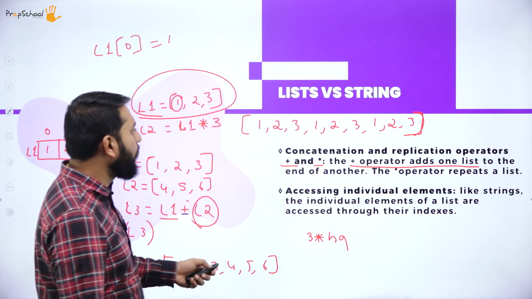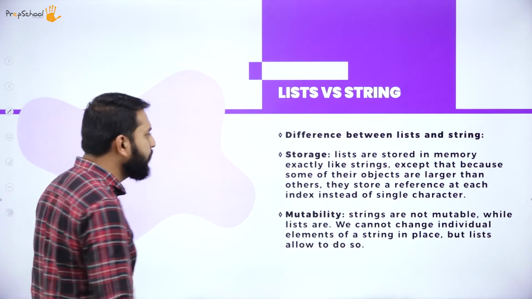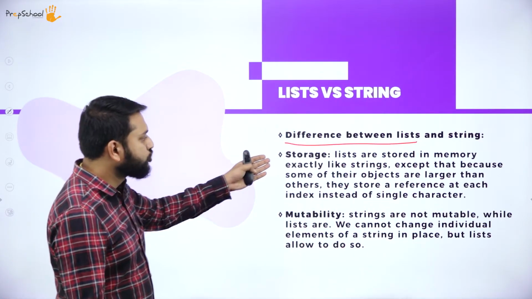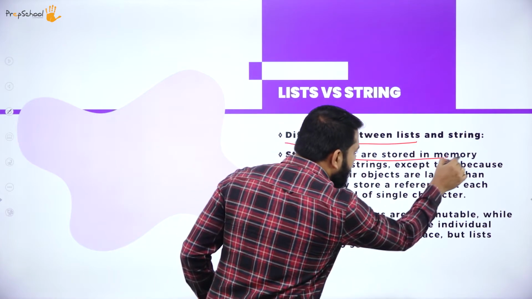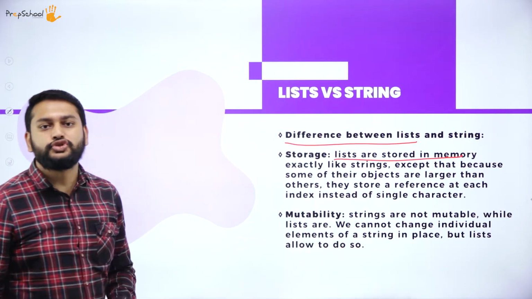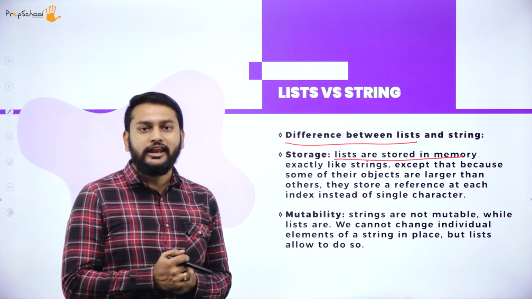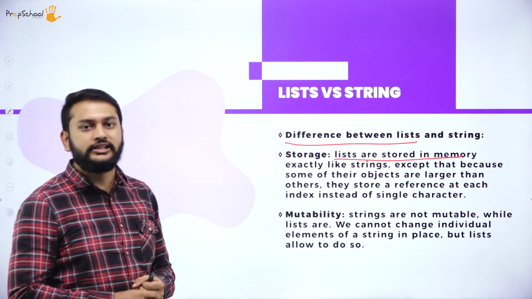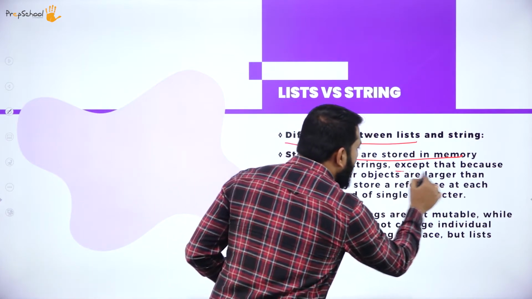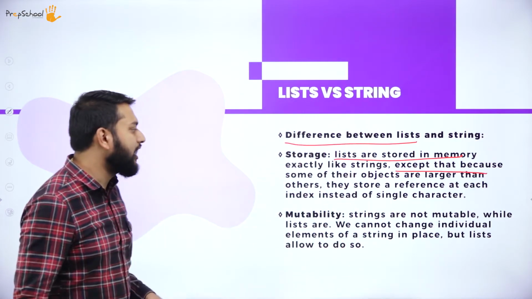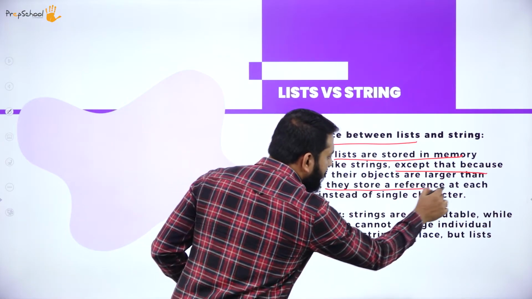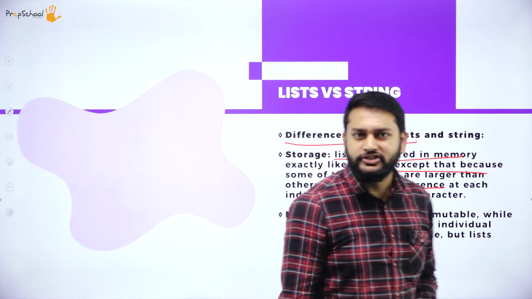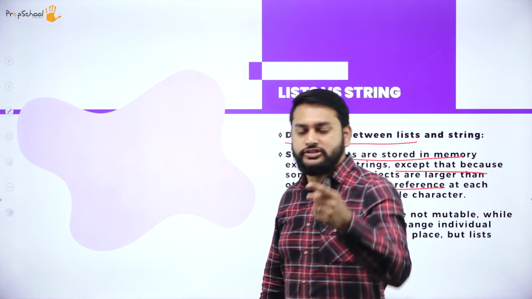Moving on to the next one. The difference between list and string. Storage: lists are stored in memory exactly like a string. In the same way we store the elements in a string, we store the content of a list in memory, except that because some objects are larger objects, they store the reference at each index instead of a single character. What is the meaning of it, sir? I explained this in the previous class.